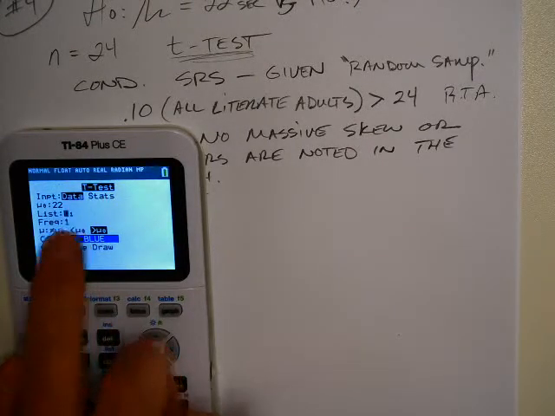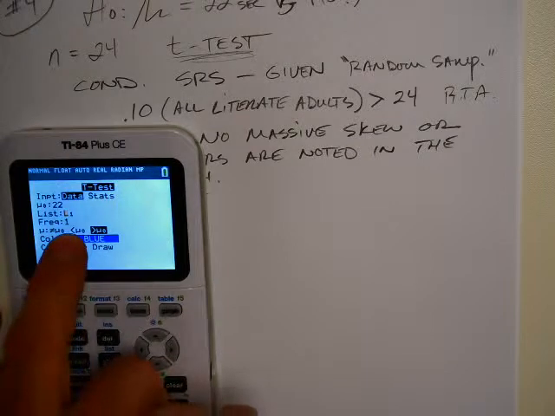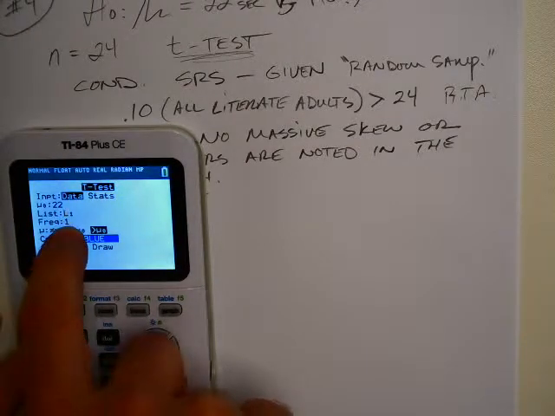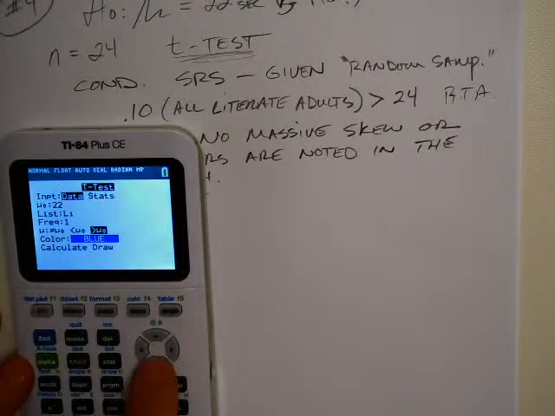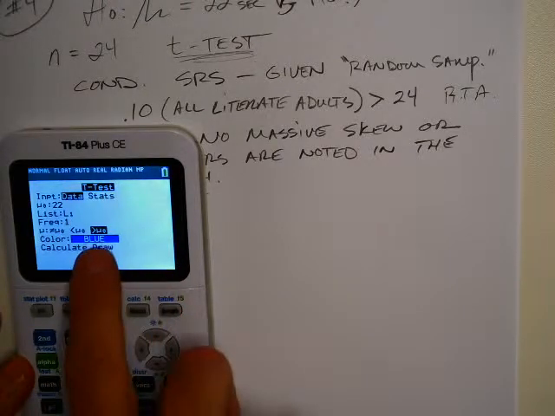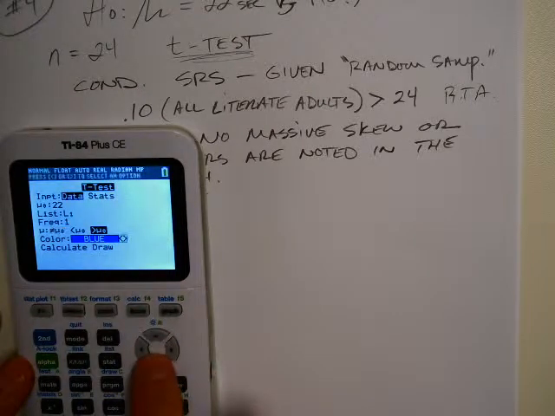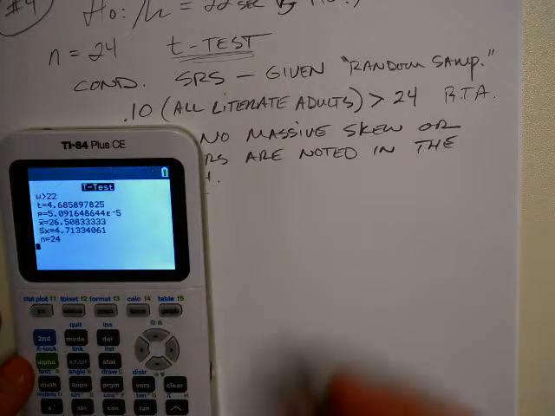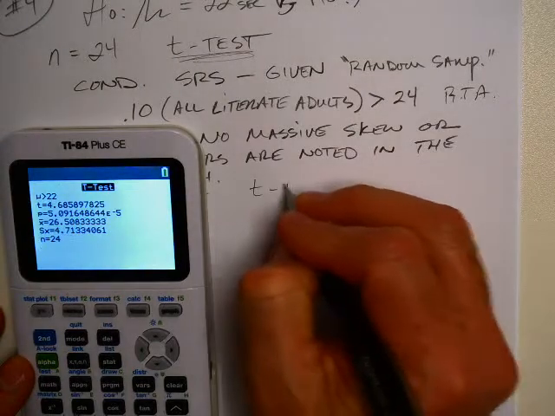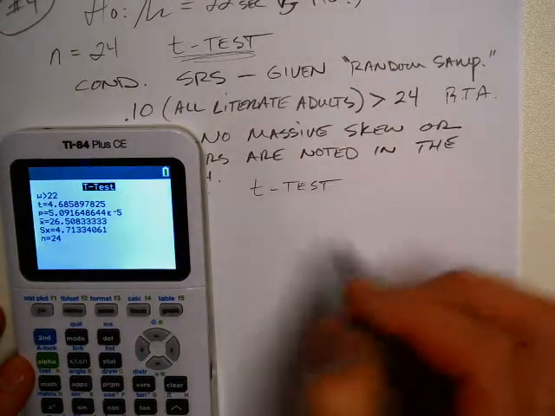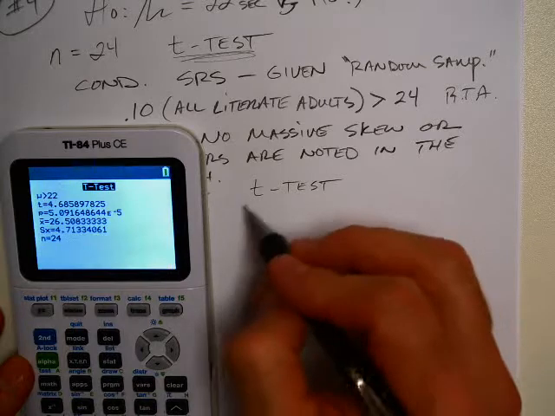My list is in L1. Frequency is 1. This we almost never change. There were a couple times in probability where we changed it. And this is a greater than 22 seconds test. So we're going to calculate this. So I did a t-test with my null hypothesis.